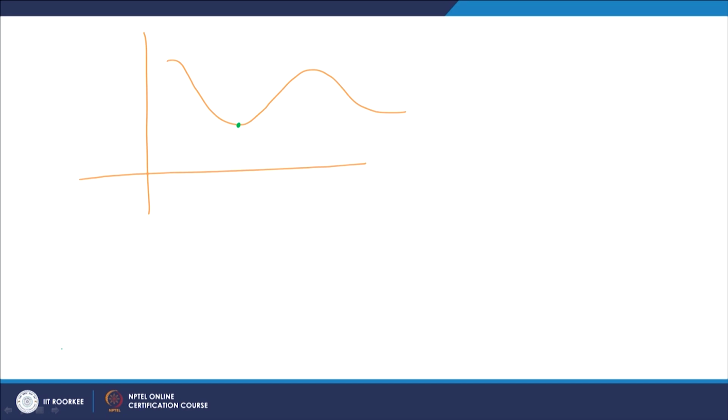It is not always possible for us to have an initial guess which is very close to this. So, it may happen that my initial guess is somewhere distant as compared to this solution. So, this is the x solution and this is x naught.